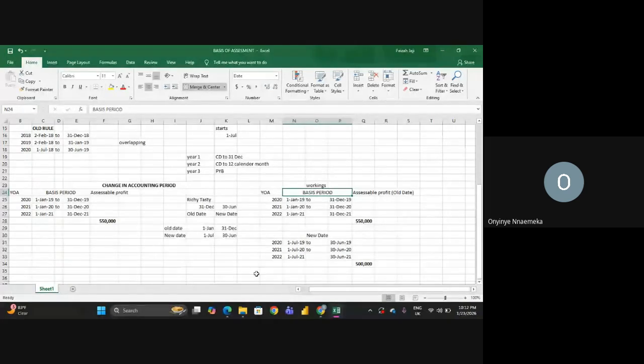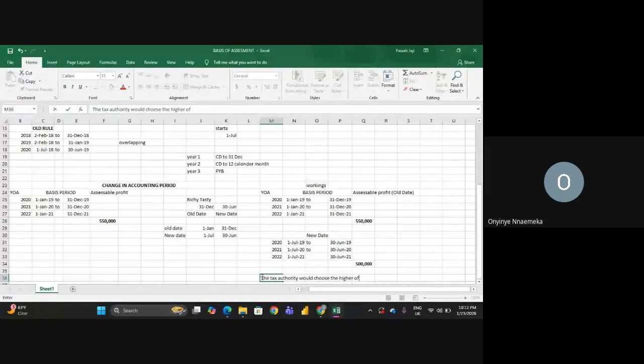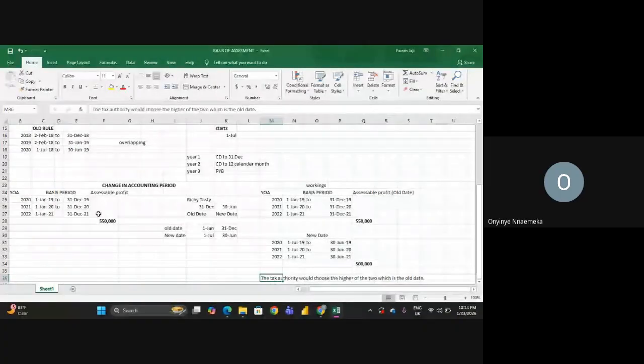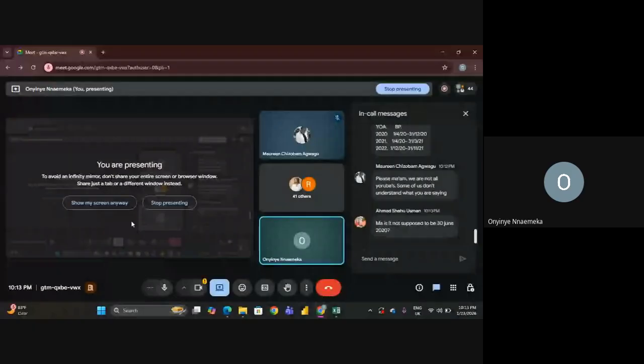After you have finished this one, you now write it underneath: the tax authority would choose the higher of the two, which is the old dates. Write it in your workings there. So when they come and see that you've picked old dates, they know why you decided to pick it. It's as simple as that. The accounting period does not have new date, be new rule, be old rule. That's just the rule.